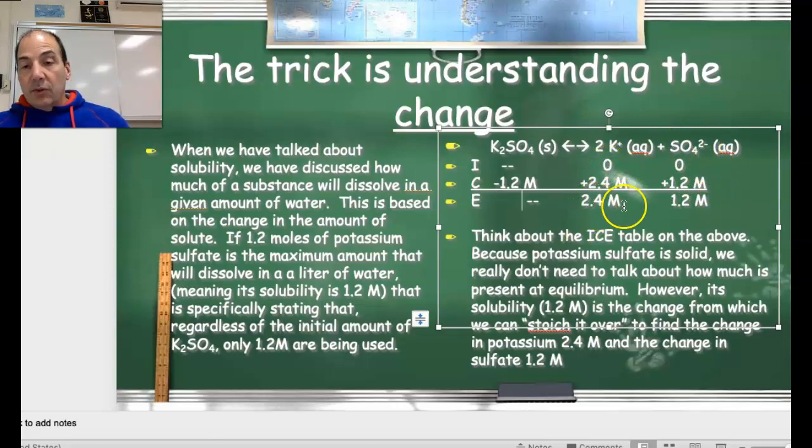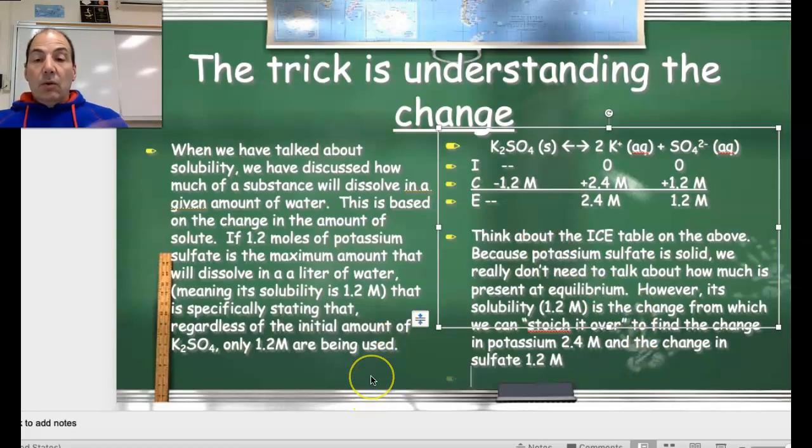And so at equilibrium, this is 2.4 molar, this is 1.2, and we're back to the fact that the solid doesn't matter. All right. So that's it. There's nothing fancy, and it's going to be simple ratios and everything. So it's really a pretty simple process.